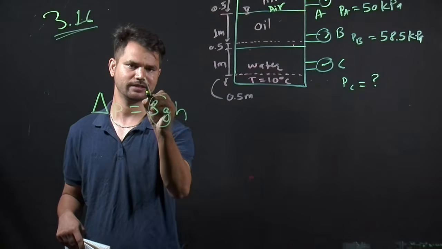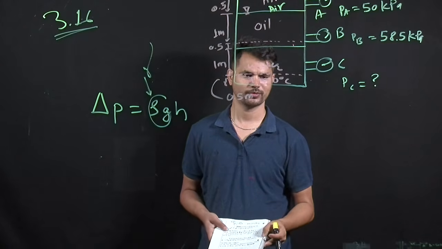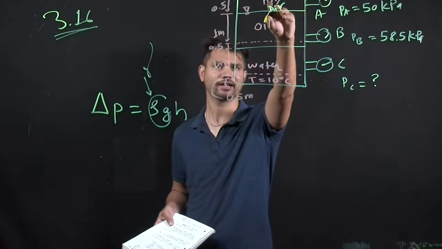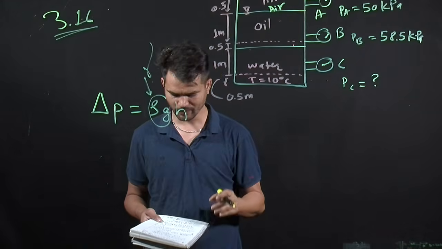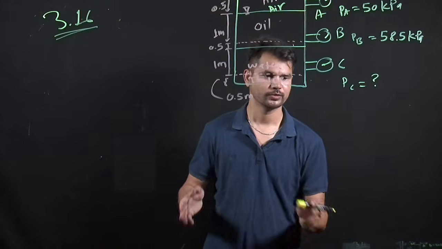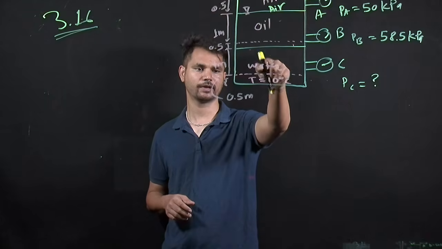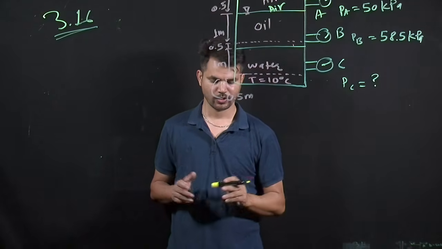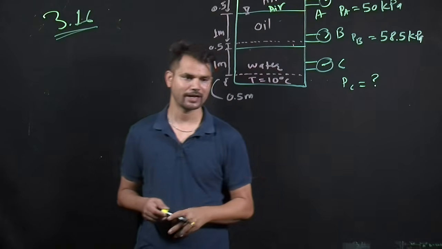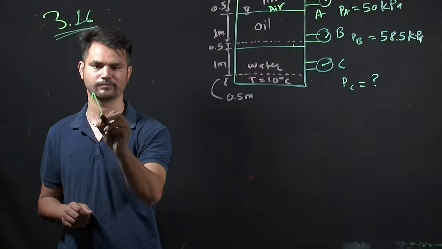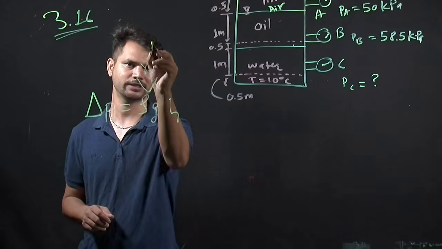Basically this is specific weight. Since we are coming down from air to oil, the question asks us to find the specific weight of oil and pressure at C. We can use the principle of hydrostatic pressure variation with depth, that is del P equals rho g h, and this will give us specific weight.